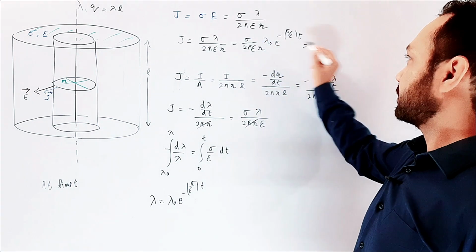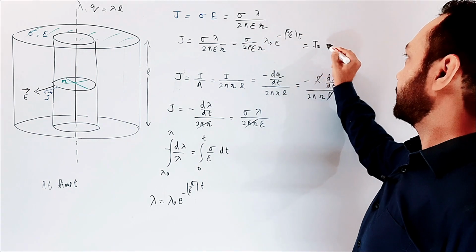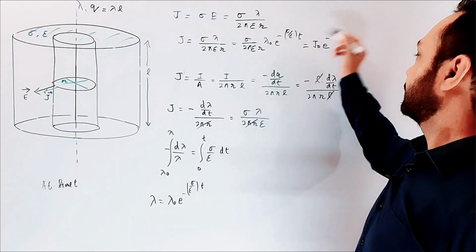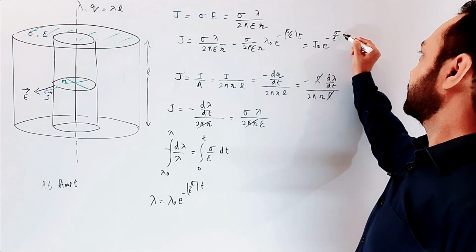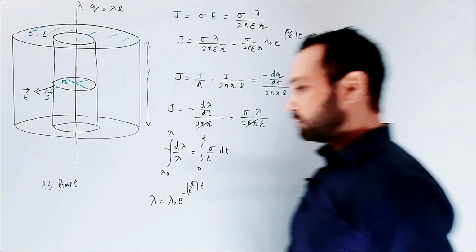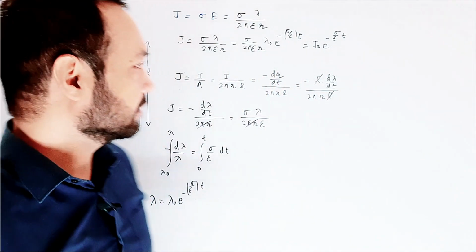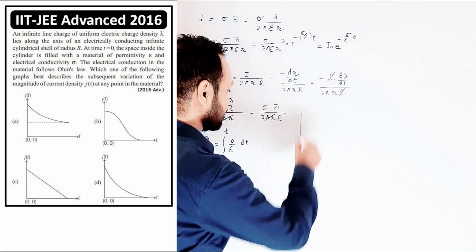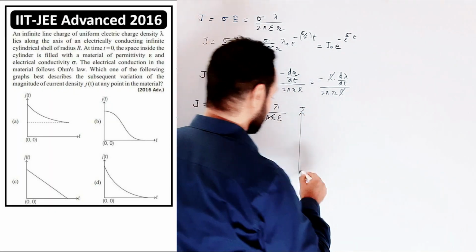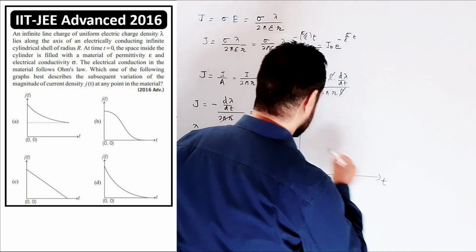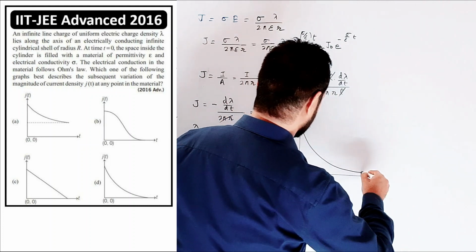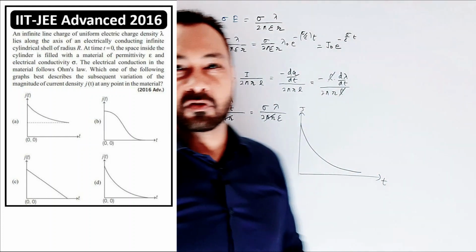So let me write that whole thing to be some j naught, and that will be j naught e power minus sigma by epsilon into t. That is an exponentially decreasing graph. So the graph of j versus t would be something like this, and you can see one of the options, and that is option D.